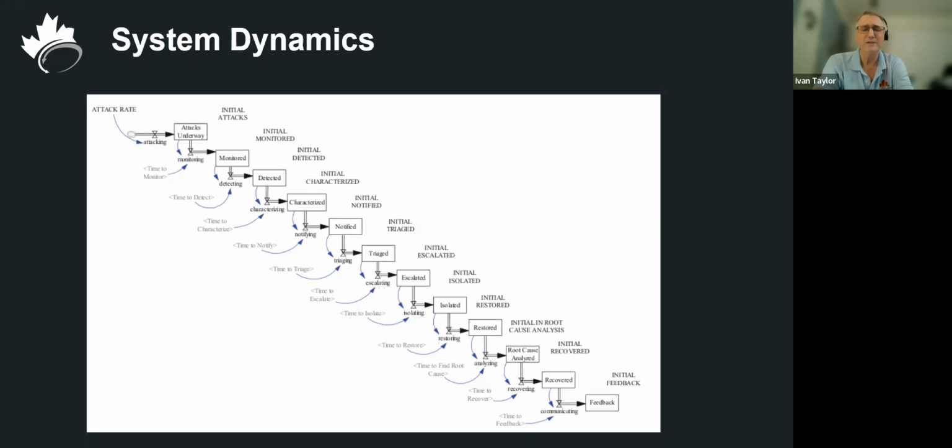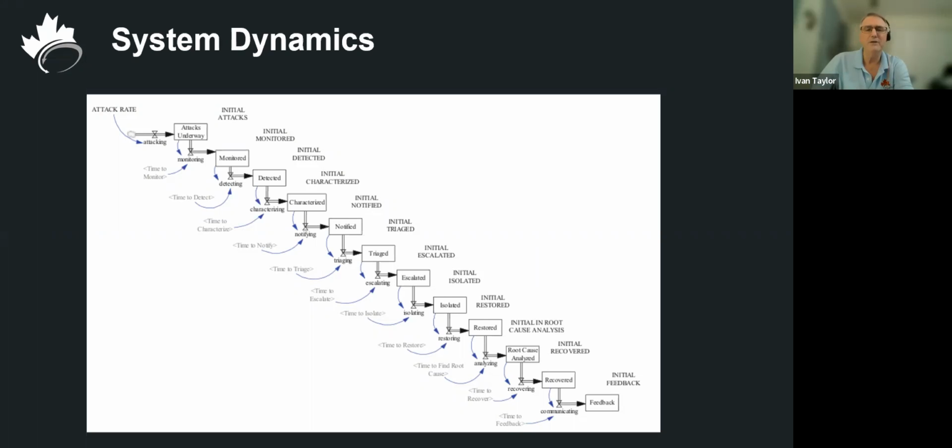Again, we're looking at bottlenecks here. Where are the bottlenecks in the system? Where does the system get bogged down? And when you resolve a bottleneck, you often find that it just moves the bottleneck to another part of the system, and you don't get really improved complete system performance.